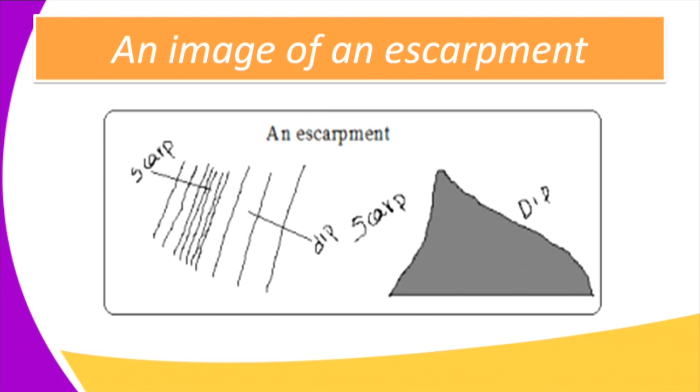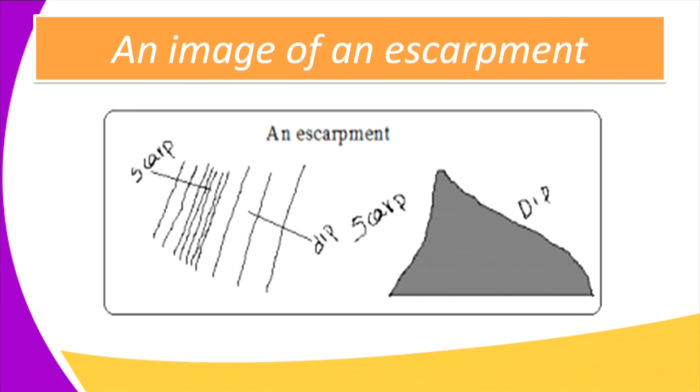And we have said that an escarpment has two slopes, a steep slope and a gentle slope. So this is what it will result to in real life, where you have the picture on the right side, an image of a steep slope and the other side having a gentle long slope.